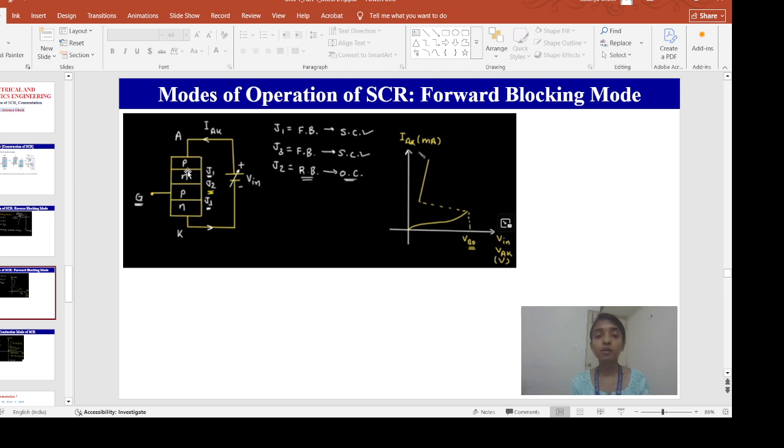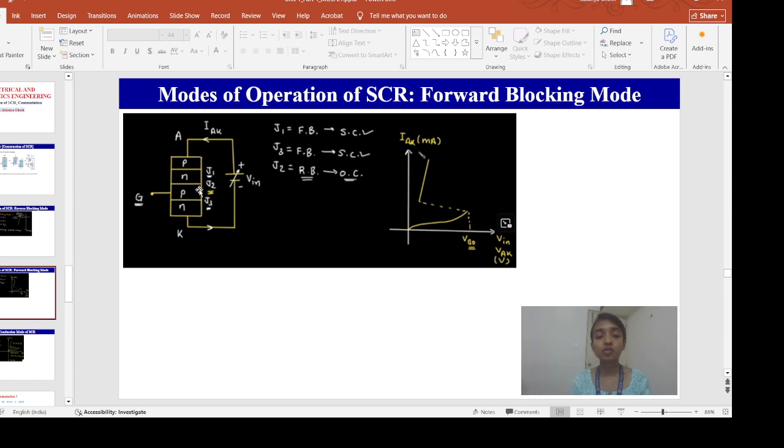For J1, the P side is connected to the positive terminal of the battery and the N side is at lower potential. So the J1 junction is forward biased, meaning it is short circuit. For the J3 junction, the N side is connected to the negative terminal of the battery and the P side is at higher potential, right? So the J3 junction will be forward biased and it is short circuited.